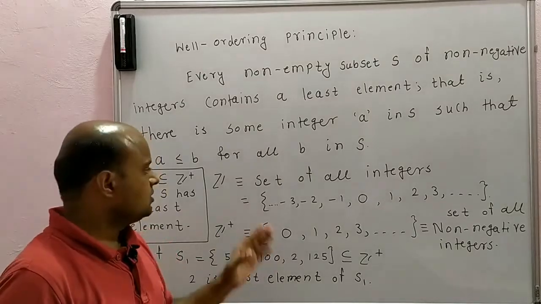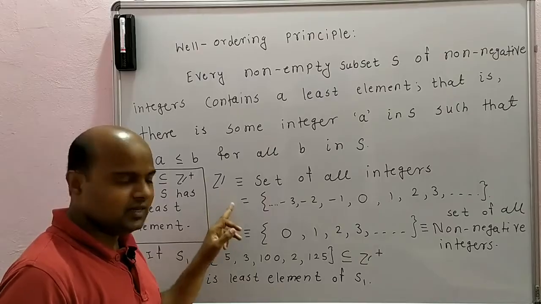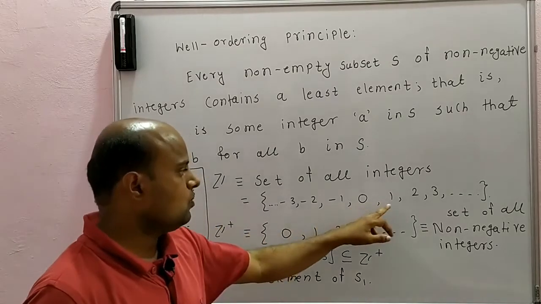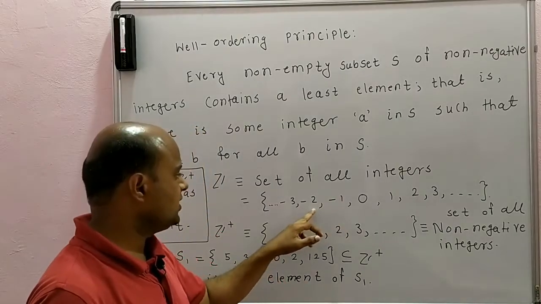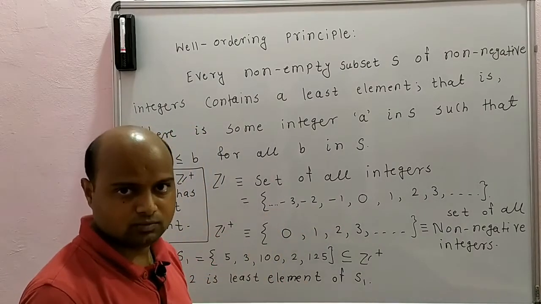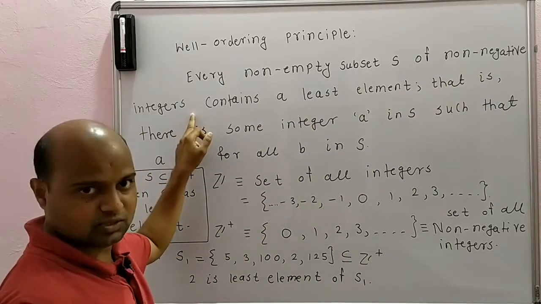We know the set of all integers is denoted by Z, and Z is the set 0, 1, 2, 3 and so on, and -1, -2, -3 and so on. We have to just take the non-negative integers.